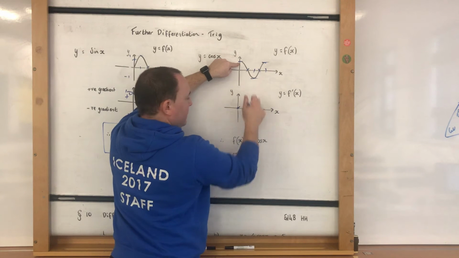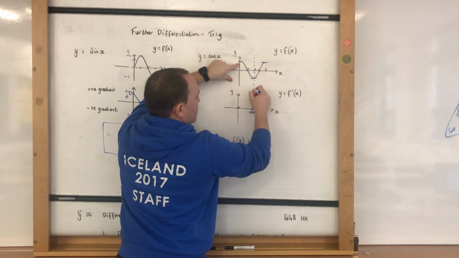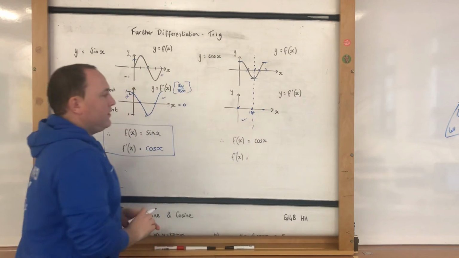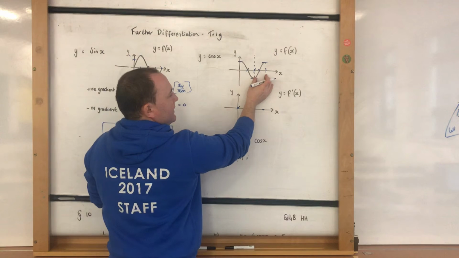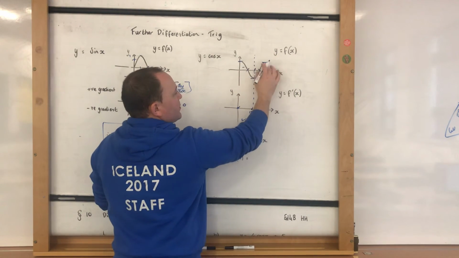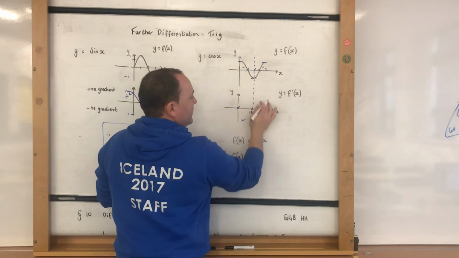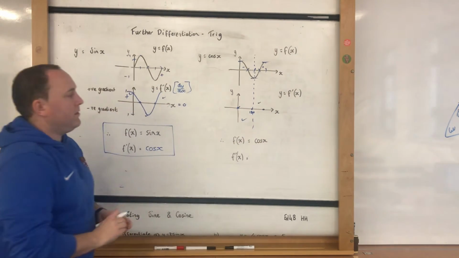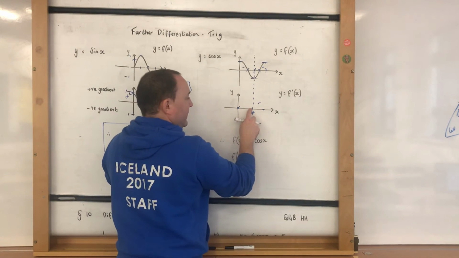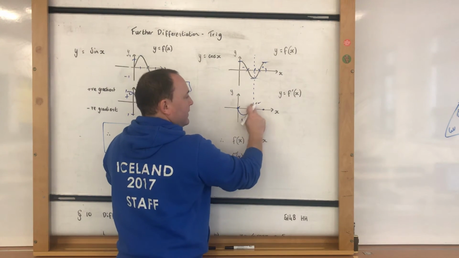Negative gradient, so from here to here, it's negative. From here to here, it's positive. So that's negative, that's positive, so that means it's above between 180 and 360. That means it has to go from here to here underneath, and from here to here above.